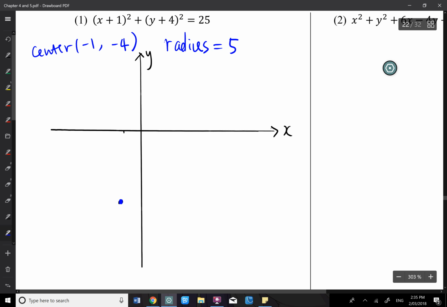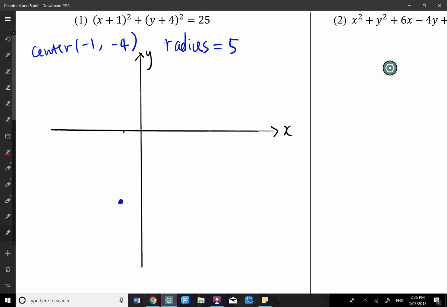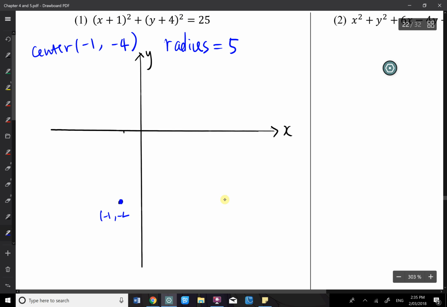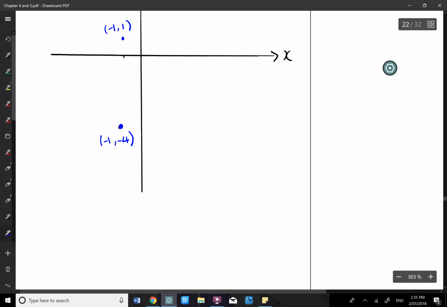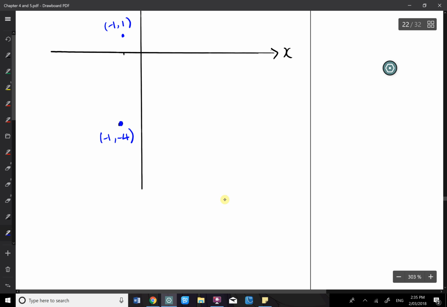We'll label our center first, and then you go in each direction by 5 units. That one will be (minus 1, 1), because we go up by 5 units. And you can go down by 5 units. That's (minus 1, minus 9). So the x stays the same and the y value decreases.